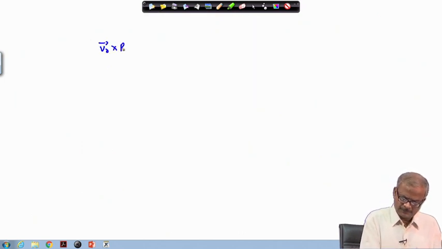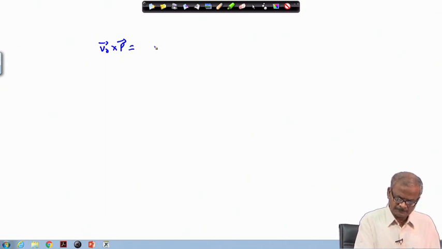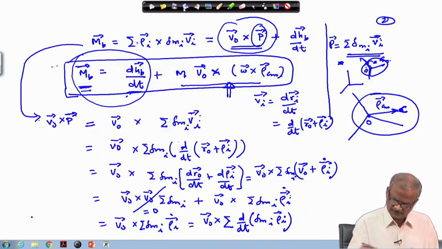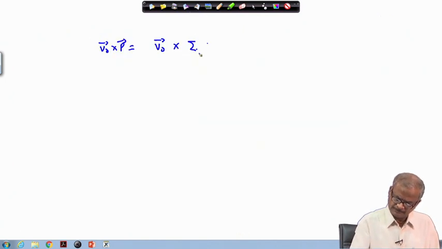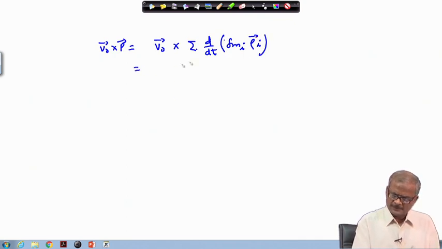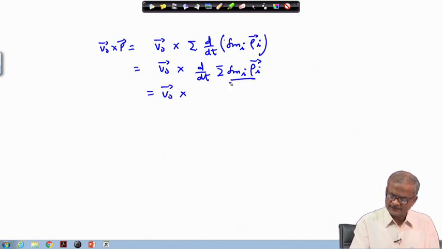So, we have V_0 cross P, this is equal to V_0 cross summation d by dt of delta m_i times rho_i. Exchange this operator, and you know that this quantity is nothing but the location of the center of mass.